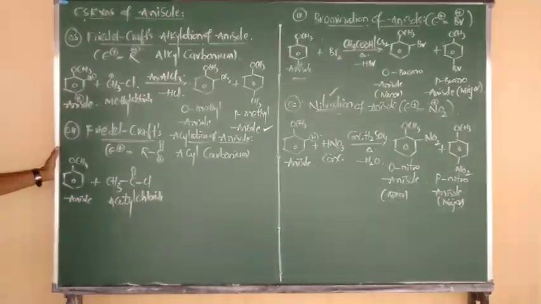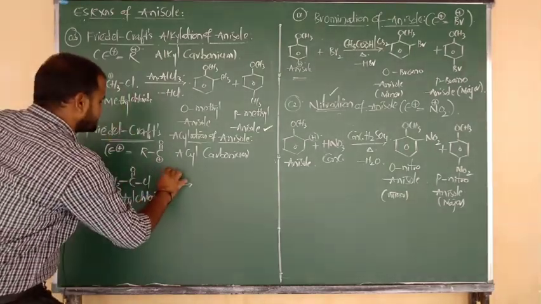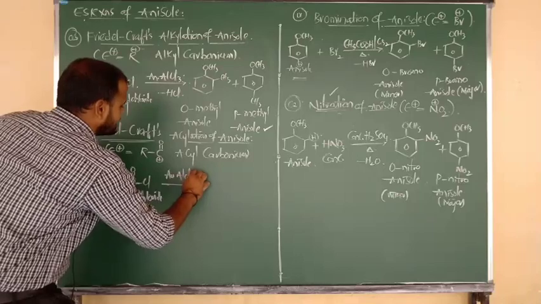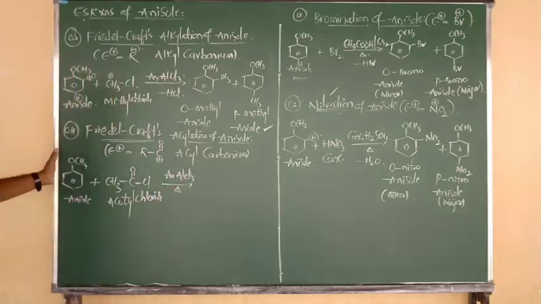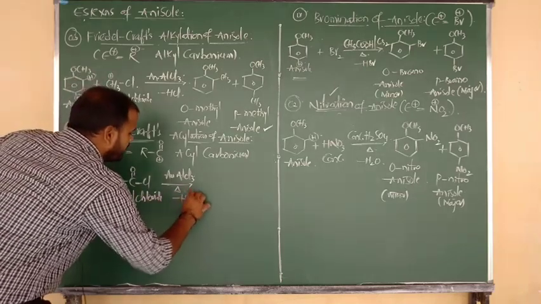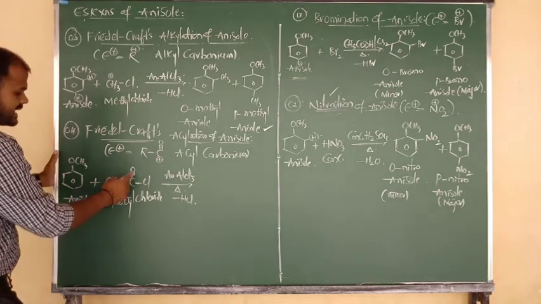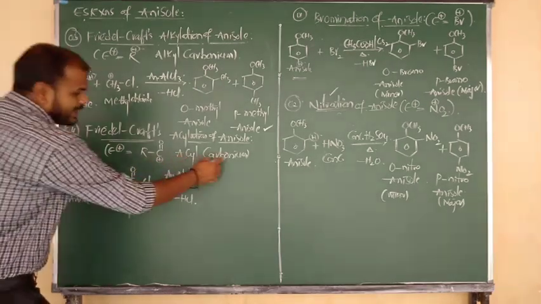Acyl or acetyl, no problem, as you wish. Again, Friedel-Crafts reaction takes place in presence of anhydrous AlCl3. Now H plus combines with Cl and is eliminated in the form of HCl. Remaining is CH3 C double bond O plus, the acyl carbonium.